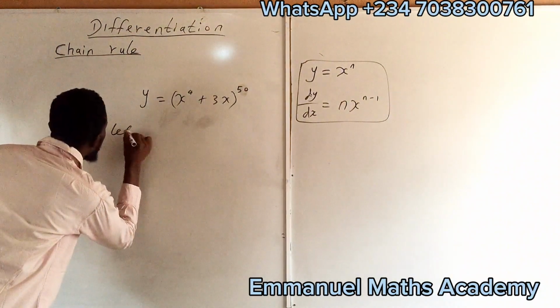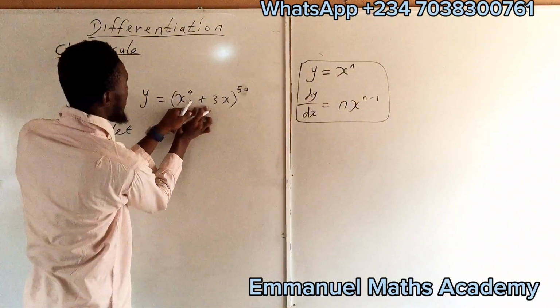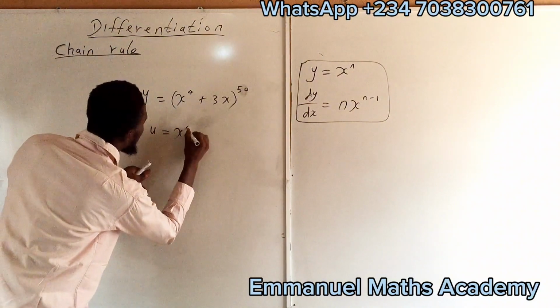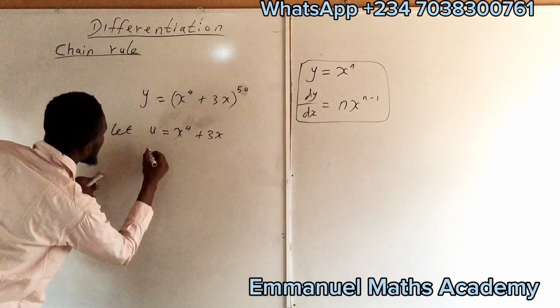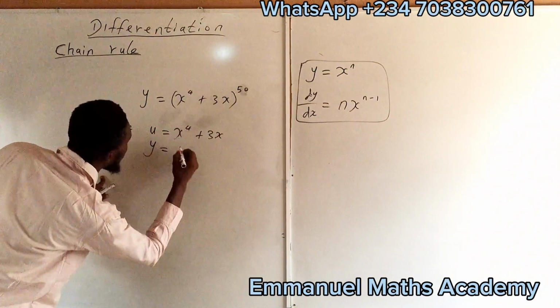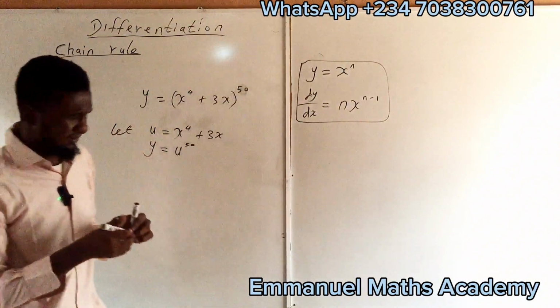Let u equal to this whole thing that you have here, x raised to power 4 plus 3x. Then automatically your y is equal to u power 50.